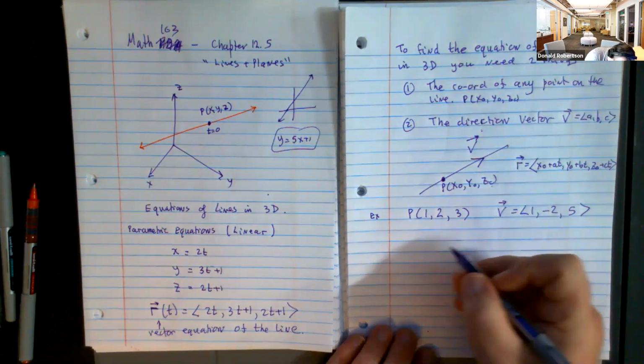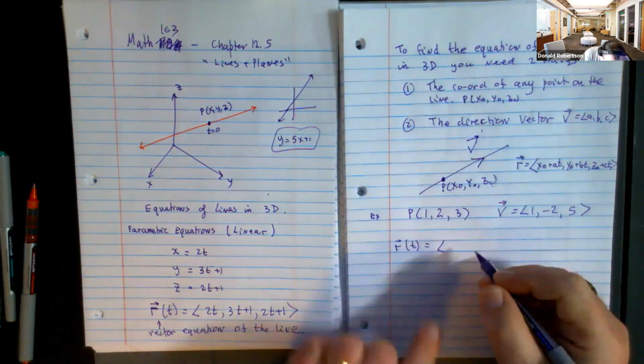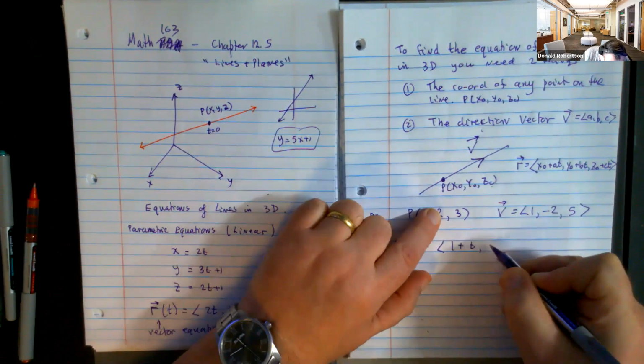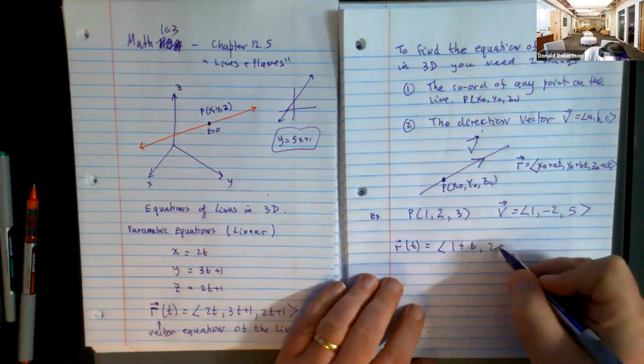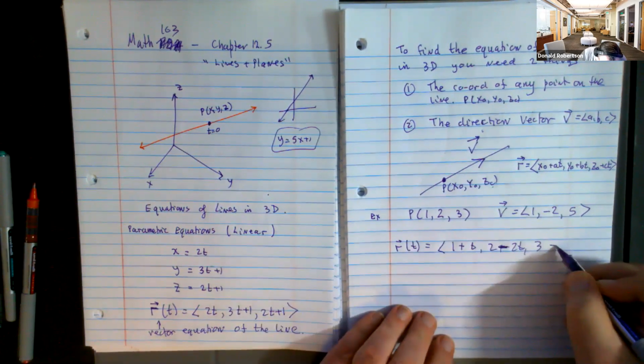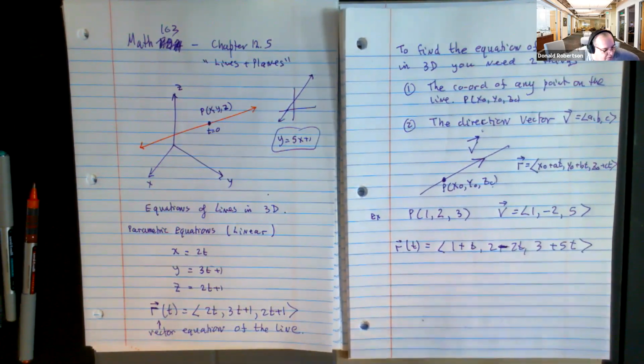So in this case here, the equation of the line will be 1 plus 1t, 2 minus 2t, 3 add 5t. Would you agree that's actually not that difficult to create?